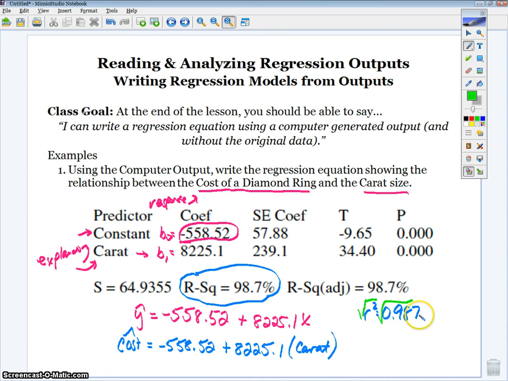Technically, we don't know if r is going to be positive or negative, but we look at the slope. Since our slope is positive, so will our r value. So when square rooting 0.987, we get 0.9935, which is a super strong positive linear association between these two variables.